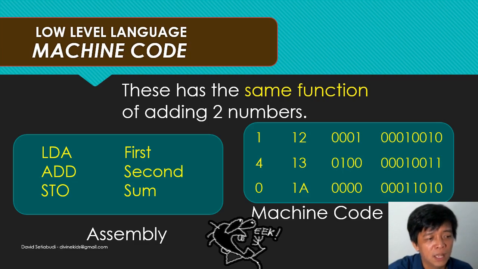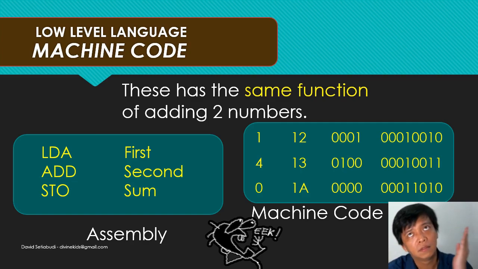Load the first number, add the second number, and then store the sum of the first one and second one. This one is assembly. This one is harder to understand compared to the high-level language. But assembly language is easier to understand than the second one.